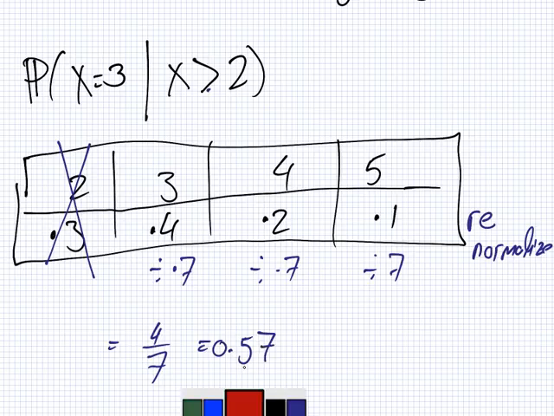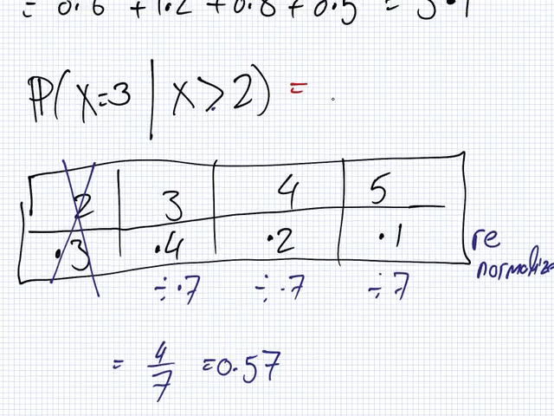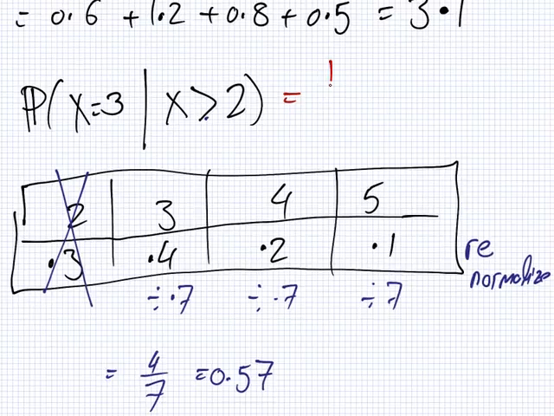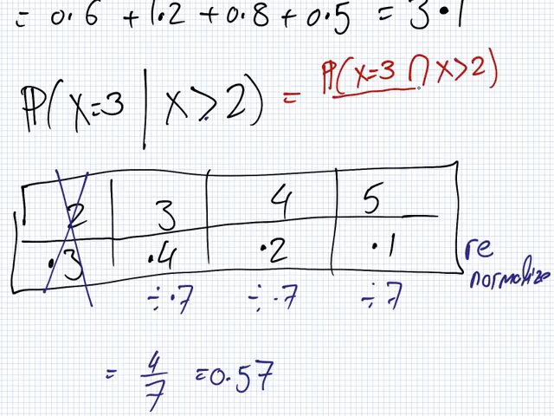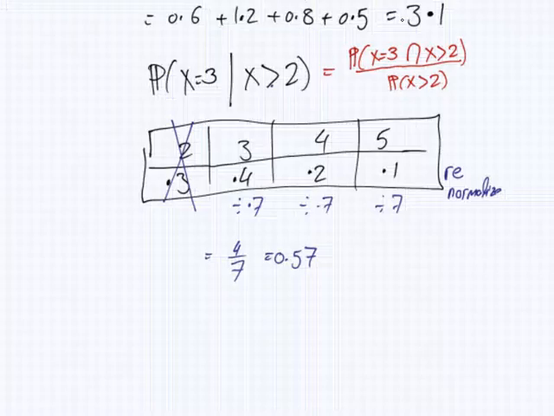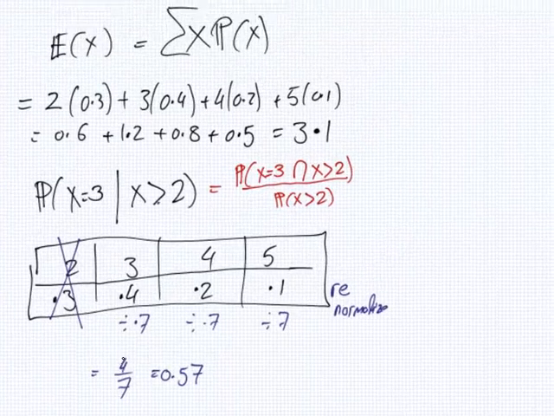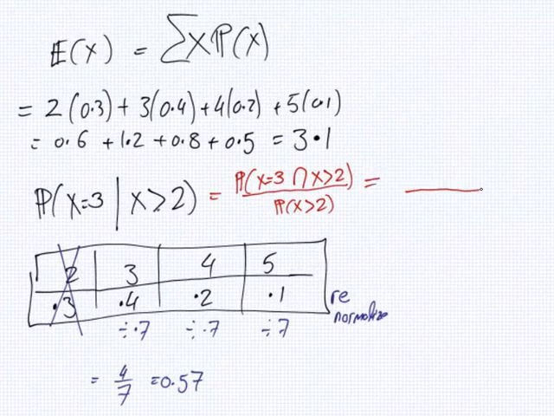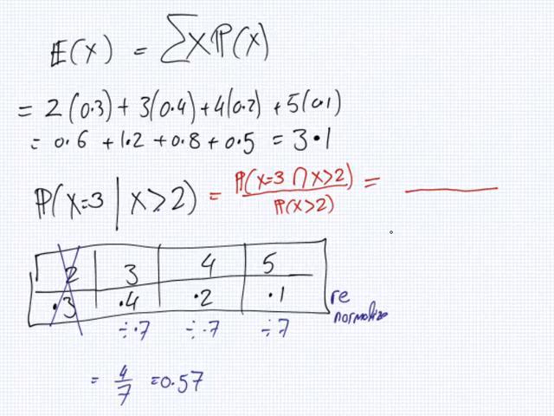And as Malik was saying, you can use the formula. So what would be the formula here, Malik? Impress me. Right, so on the top is the probability that x is equal to 3 and x is bigger than 2, divided by the probability that x is bigger than 2. What is the probability that x is equal to 3 and it's bigger than 2?